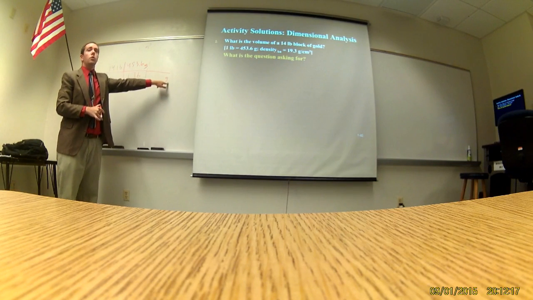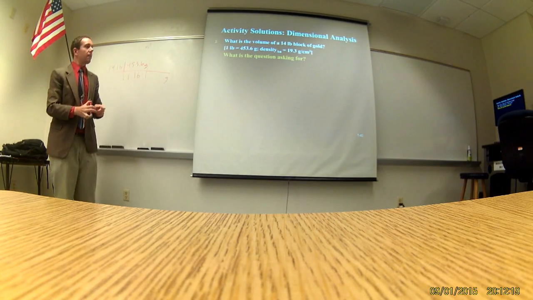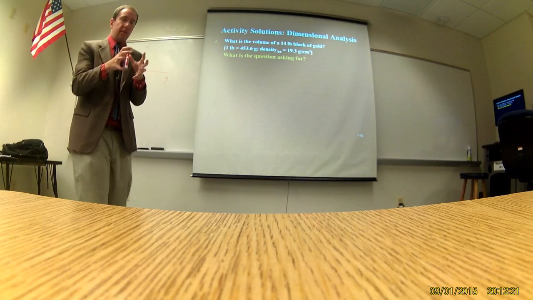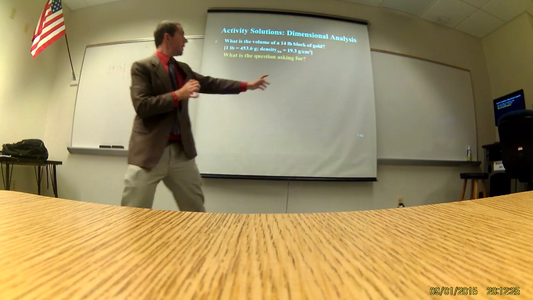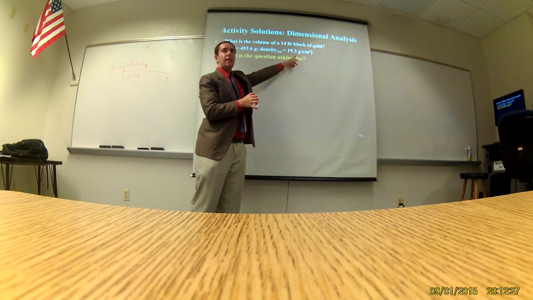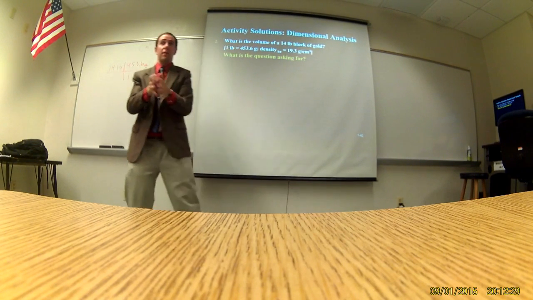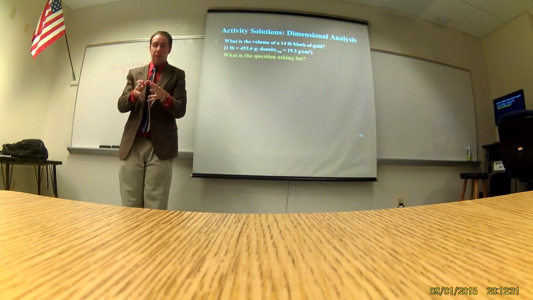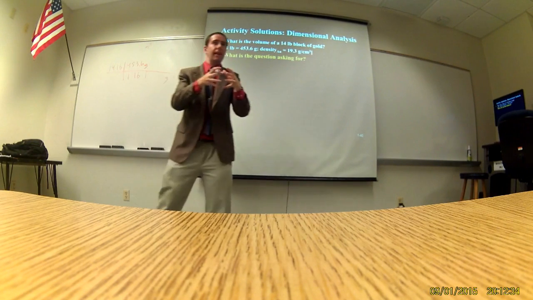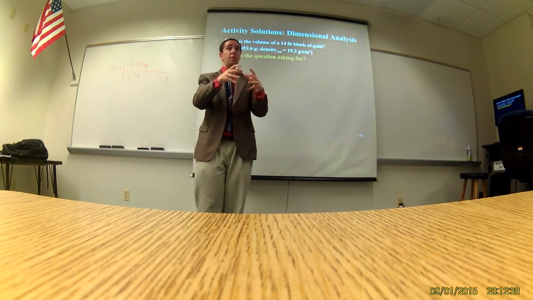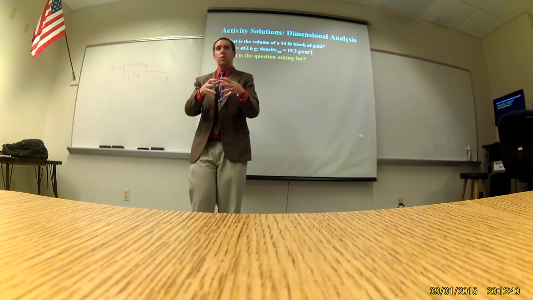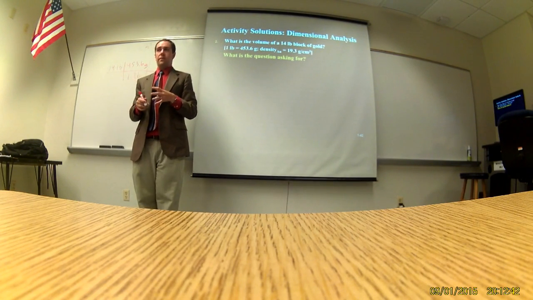We have no choice, right? If I have 1 cubic centimeter, how many grams do I have? 19.3. There's 19.3 grams for each cubic centimeter. So 19.3 grams equals 1 cubic centimeter.